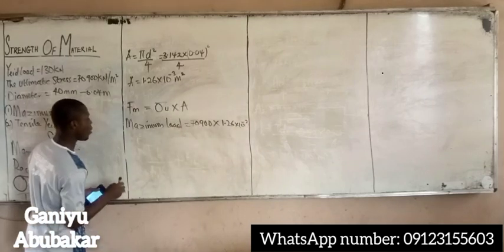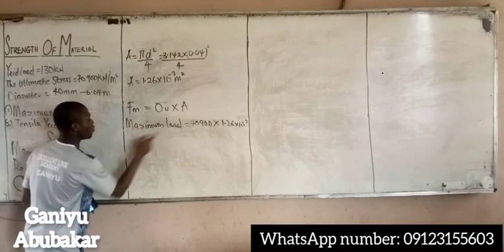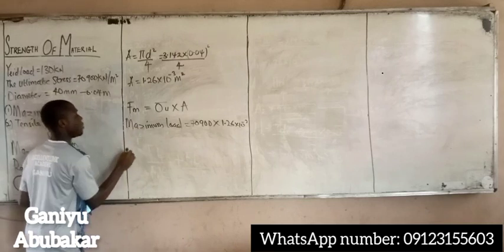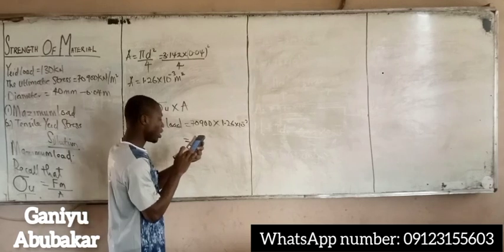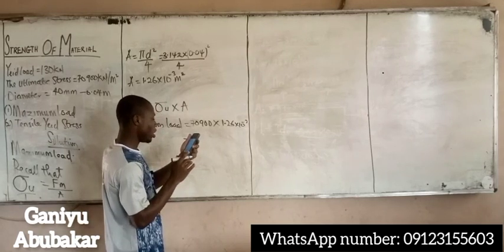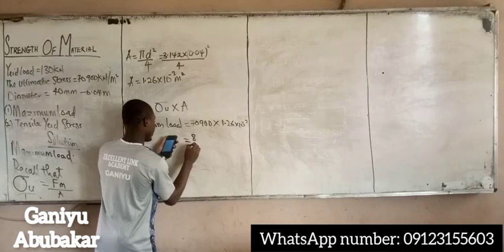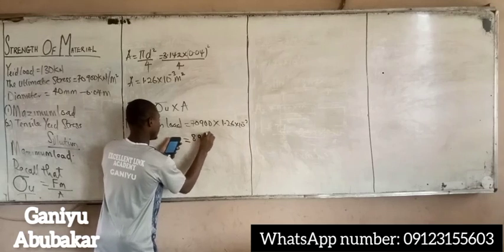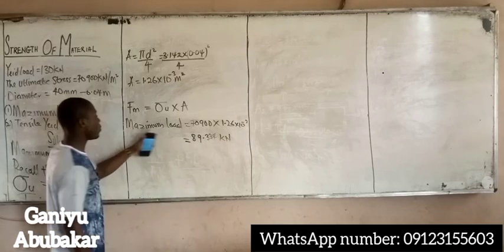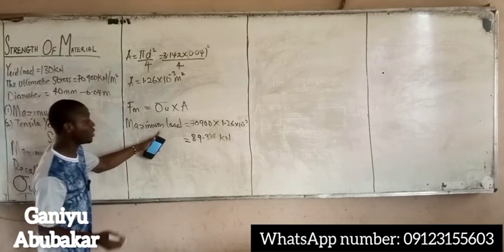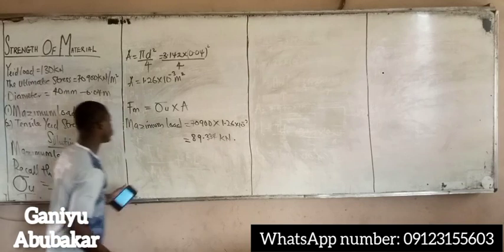If I multiply these two values, I'll have 89.334 kilonewton. Maximum load. Load is in kilonewton. So I have maximum load to be this.